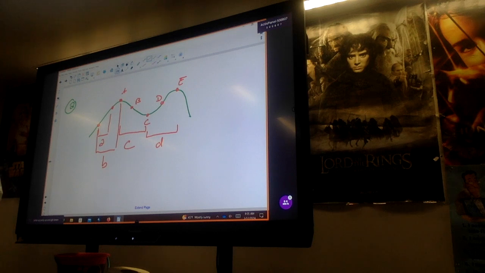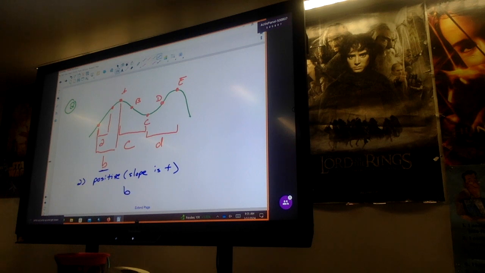Over what intervals a through d is it positive? Okay, so for letter A, where is our graph positive? What that means is my slope is positive. Okay, so B, and I don't know what this point is, I would say it's positive from B. Okay?